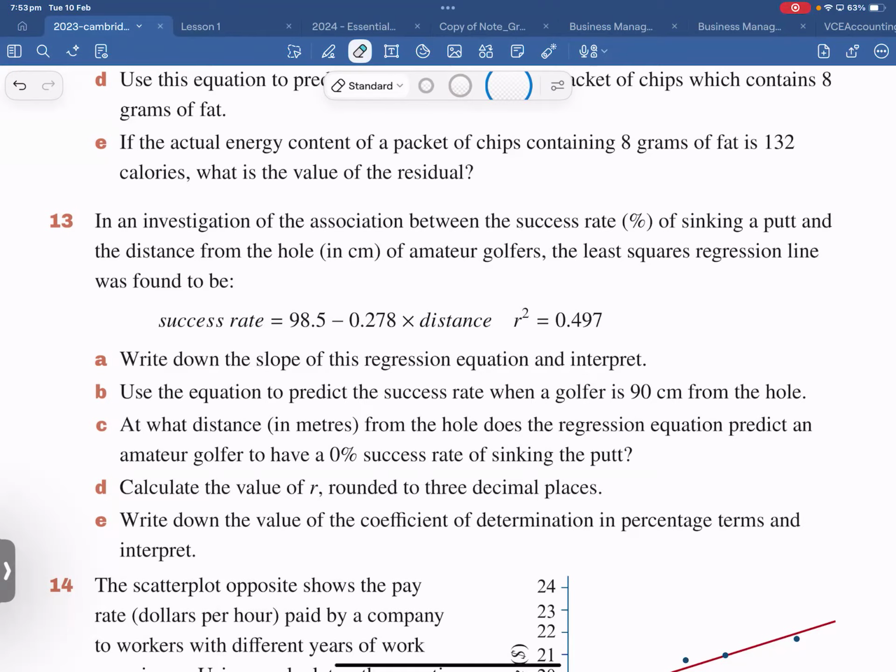That means when the age of the car increases by 1 year, on average the car price is going to drop by 3,940.